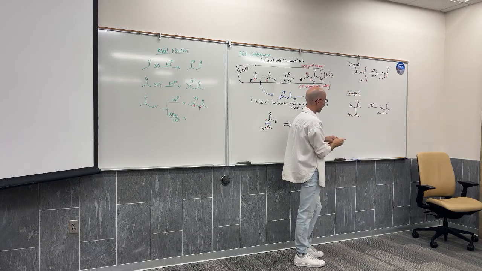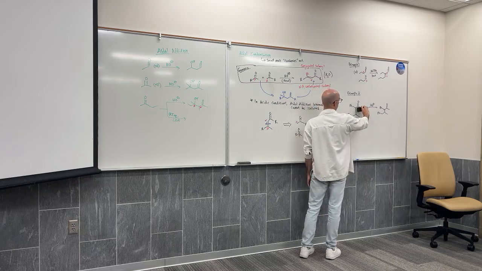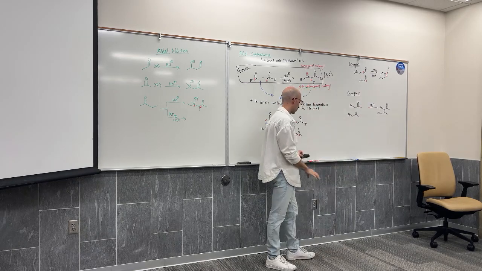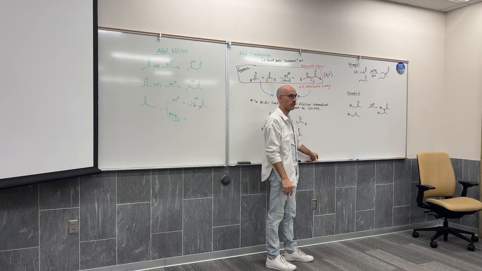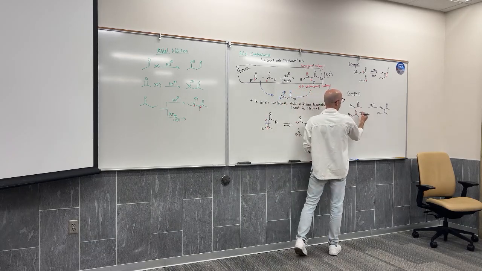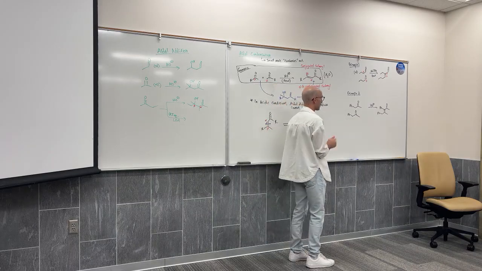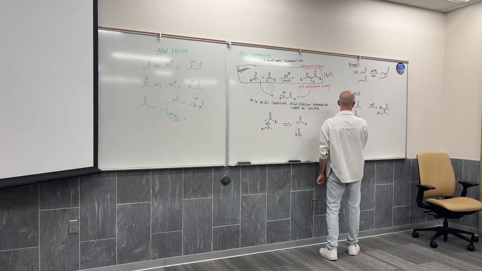So if you take the product and you just rewrite it, then all you have to do is erase that alpha beta double bond and slap an oxygen onto the beta carbon. So in retrosynthesis, this is what I want you guys to think of.